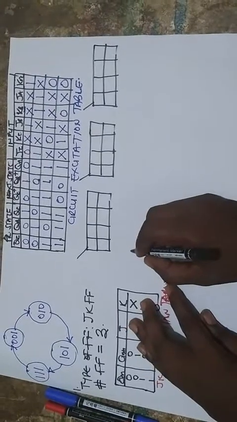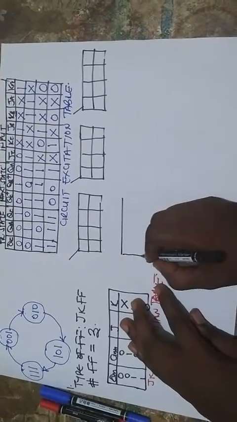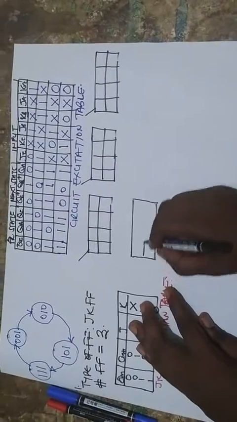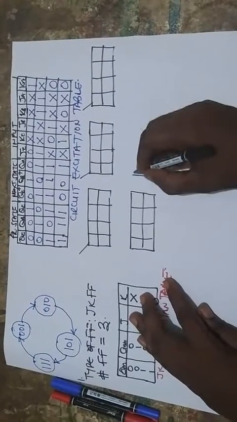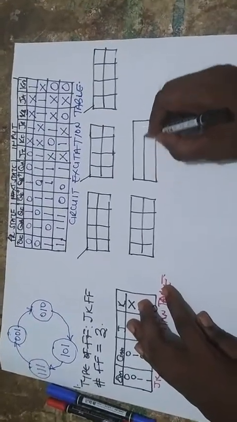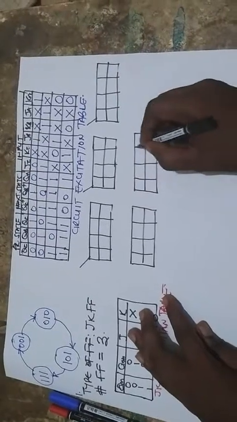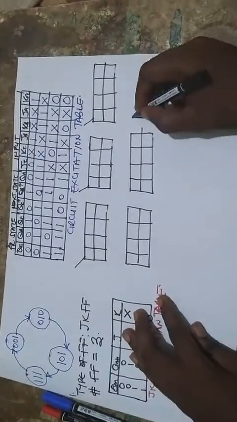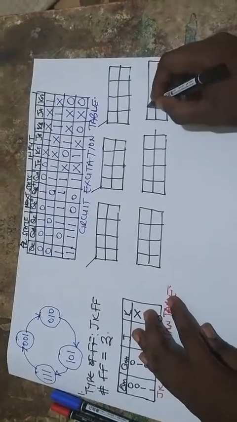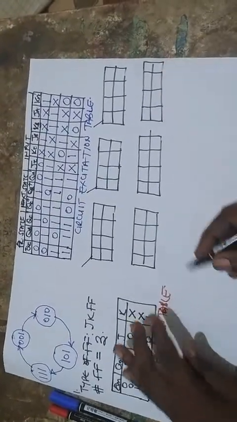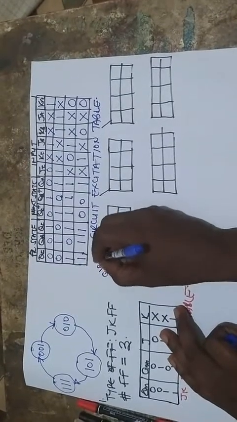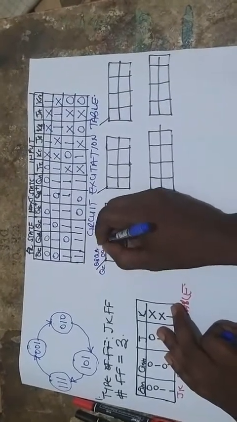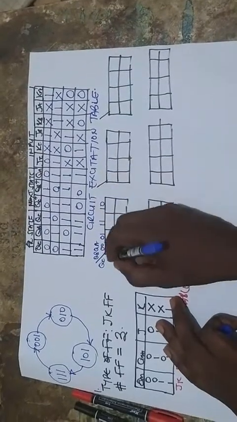Okay, so let me do all. Good, so we are ready to go. Now here is my QC, QB, QA, with columns 00, 01, 11, 10.